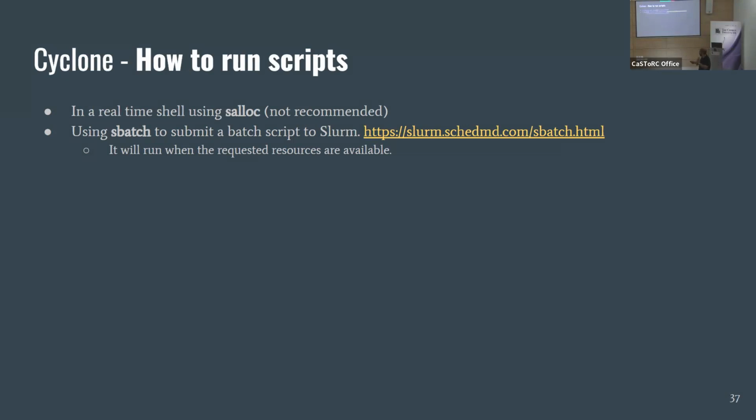Or you can use the sbatch command to submit a batch script to Slurm. You can get more information about Slurm in this link. This will submit your script in a queue, and when the resources that you request are available, it will run.